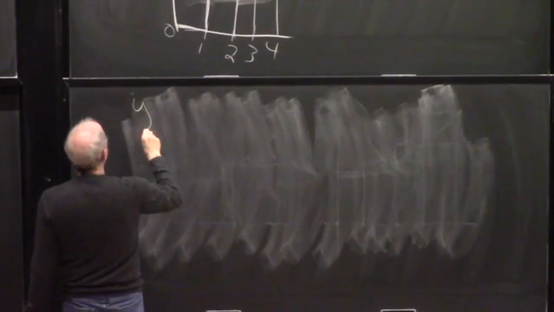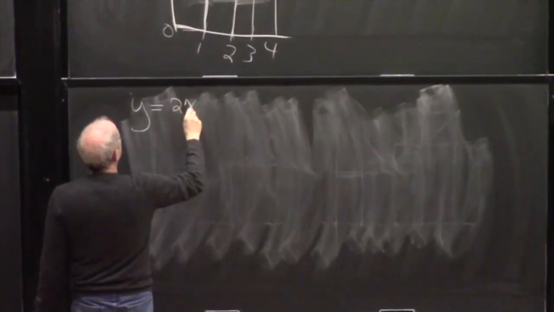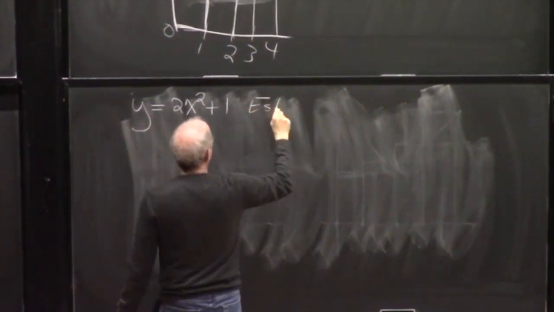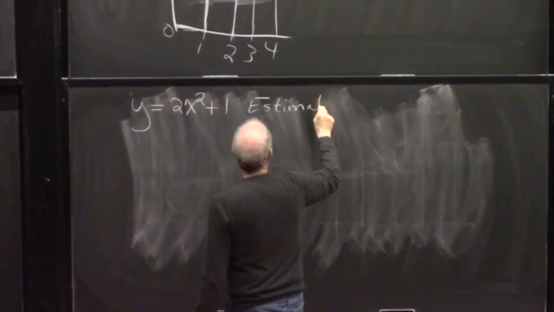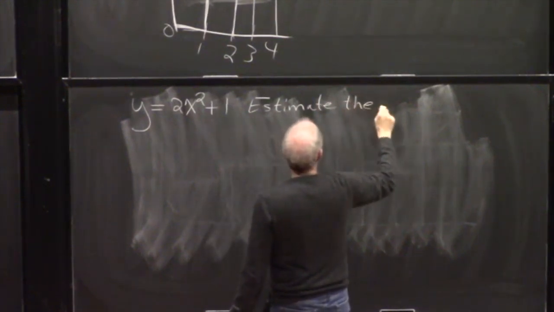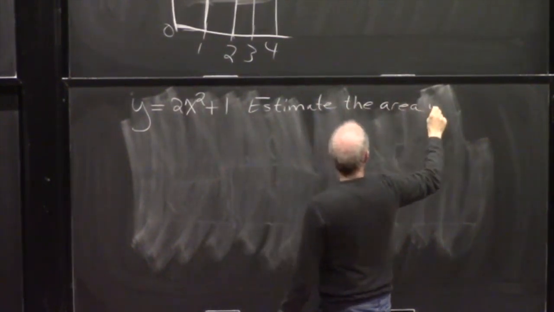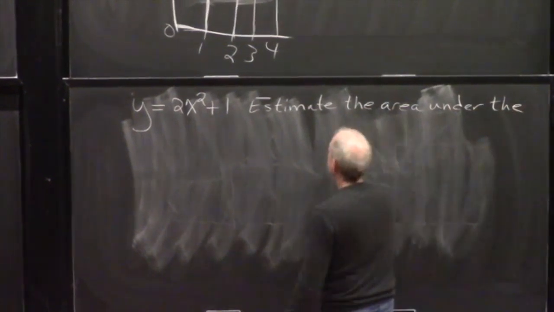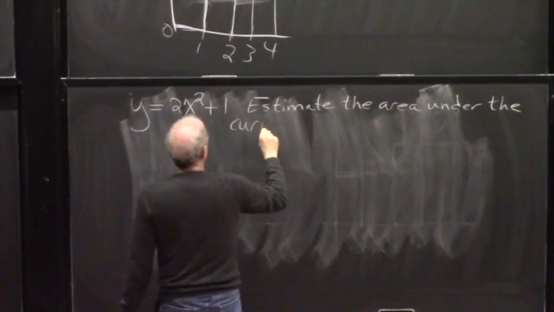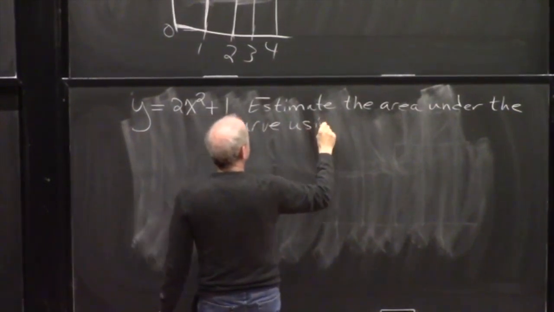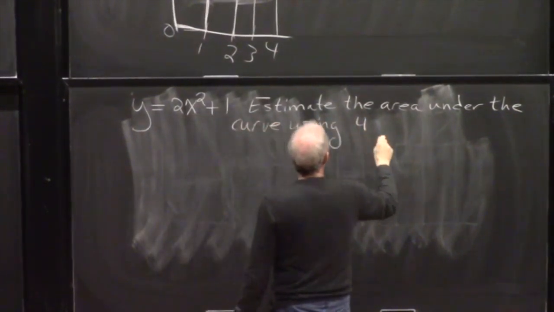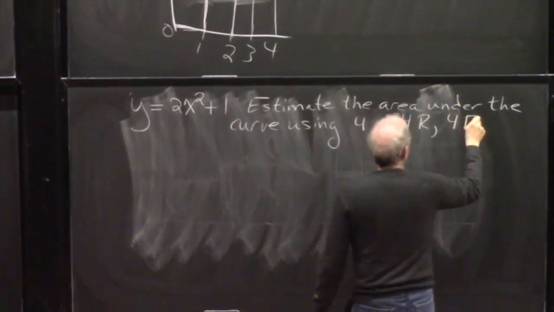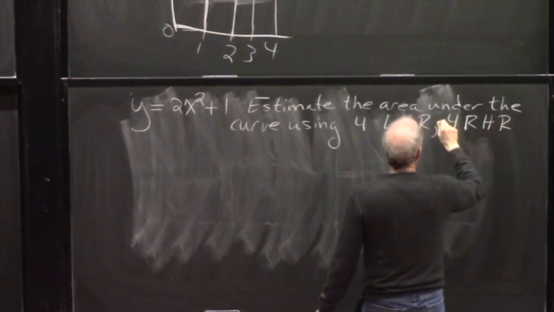So let's say we have the curve, and we want to estimate the area under the curve using 4 left-hand rectangles and 4 right-hand rectangles.